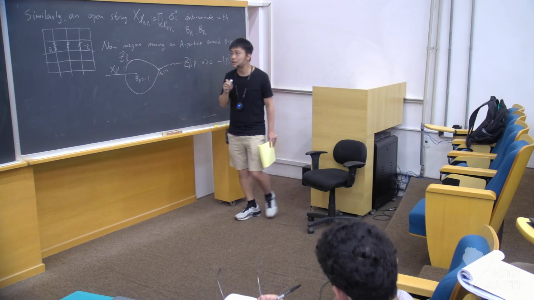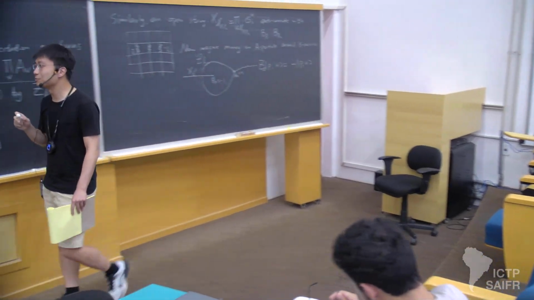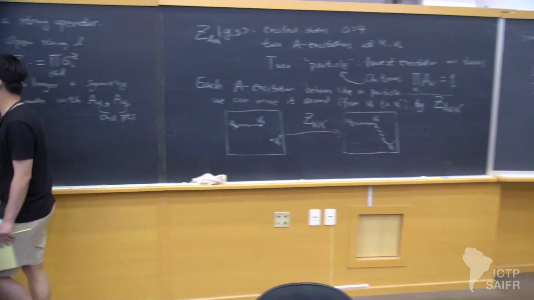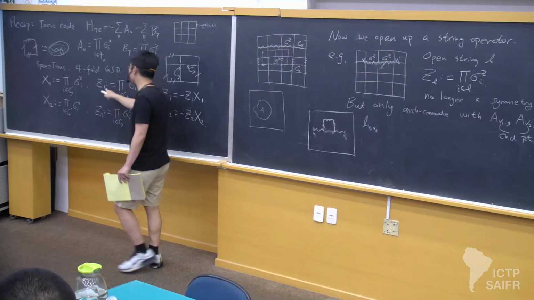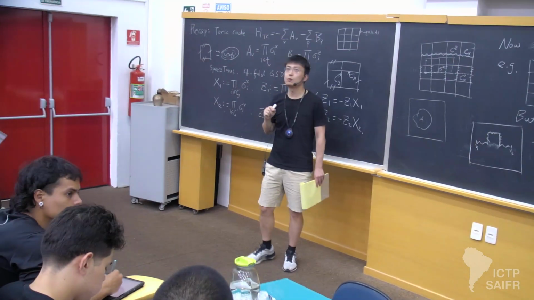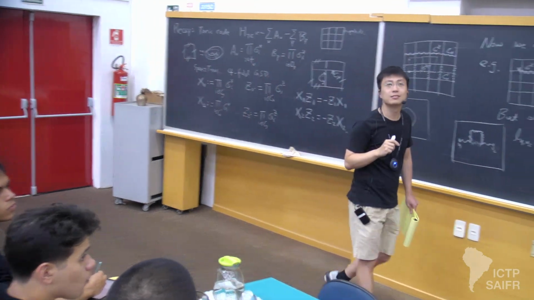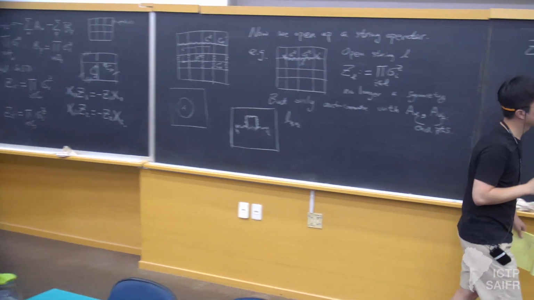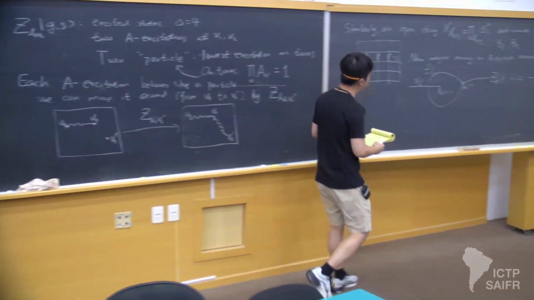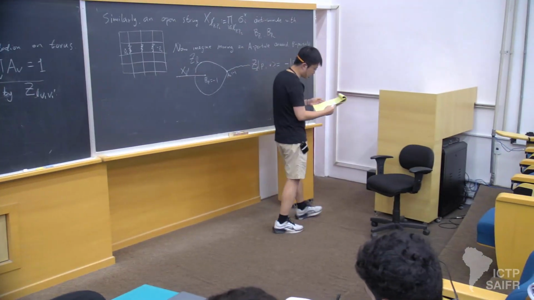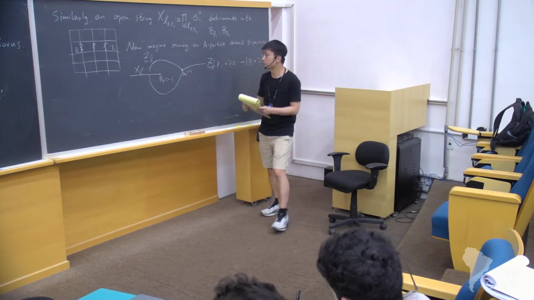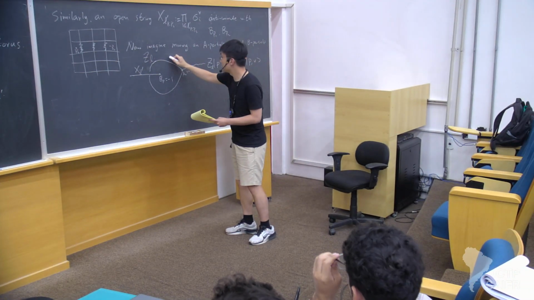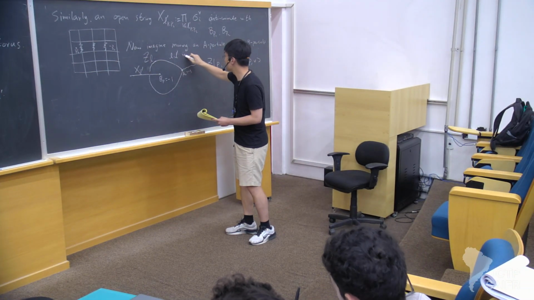Okay, it's the same minus sign that we keep seeing, because for the same reason, whenever this loop and this loop intersect once, you get a minus sign. So the important thing is this L prime intersects once.